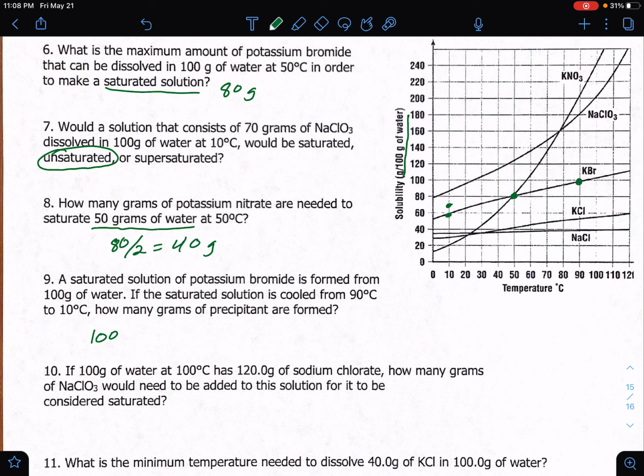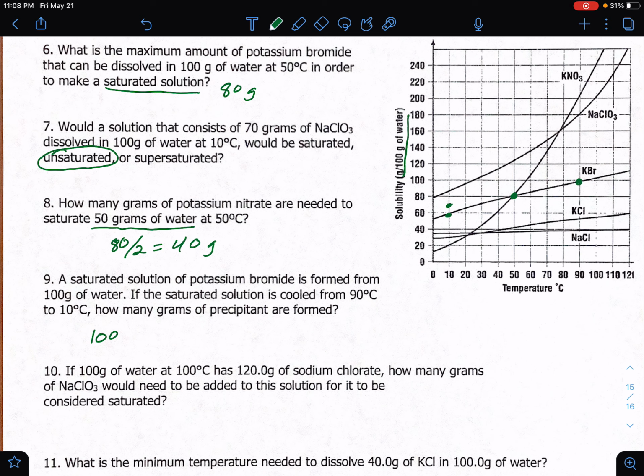10, if 100 grams of water at 100 degrees Celsius has 120 grams of sodium chlorate, how many grams of NaClO3 would be needed to be added to the solution for it to be saturated? So at 100 degrees, I'm going to go up to 120 grams, which is right about here. Okay, and I want to figure out how many more grams I can add to sodium chlorate, which is your NaClO3 line, to make it saturated.